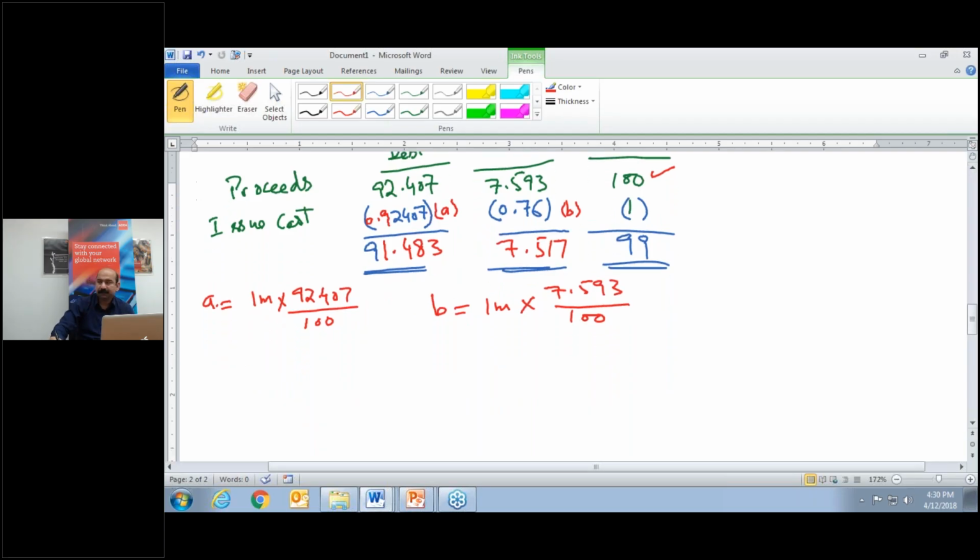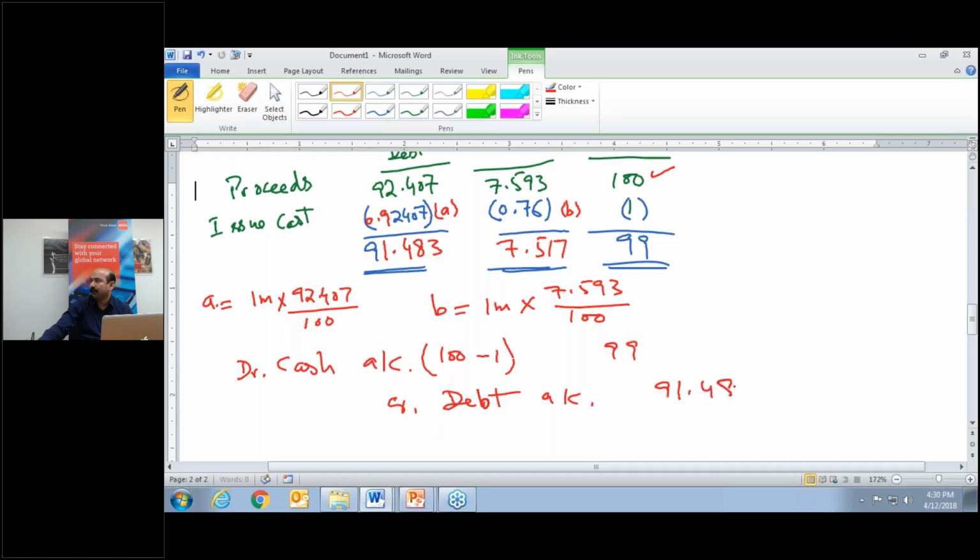So the debit will be cash in this case, which is 100 minus 1, 99, and the credit will be the debt element, which is 91.483 million, and the equity credit 7.518.